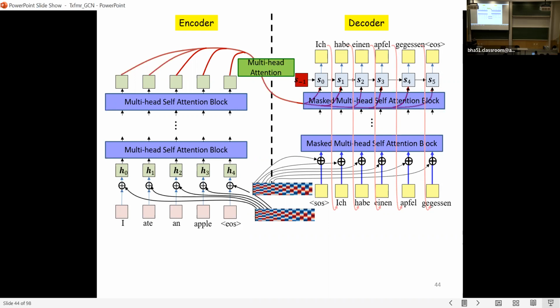To make the difference, we're going to call the attention that you've seen last week, the one in the middle in green, cross-attention from now on. And attention is an umbrella term that can mean either of them.